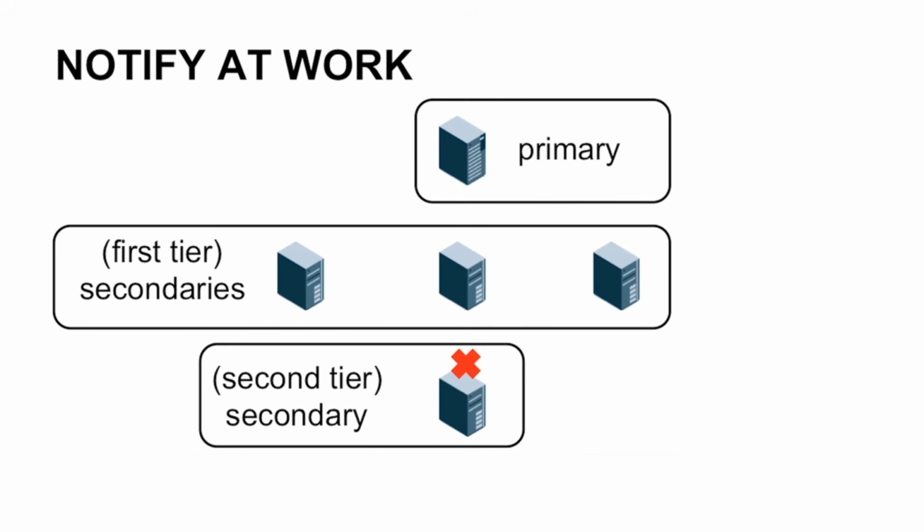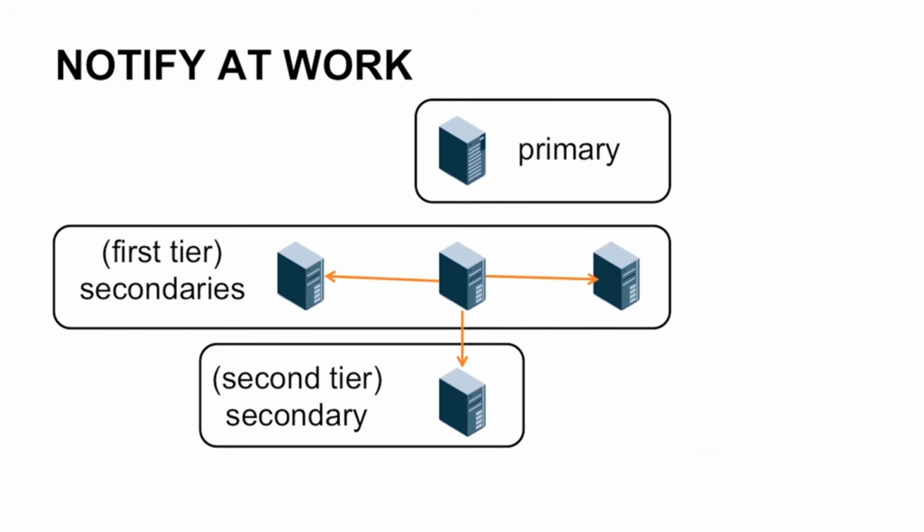Once the secondaries in the middle have done their zone transfers, they've got changed data too. So they're going to send Notify messages to everybody but the primary and themselves. Here's the one on the left sending Notify messages. But all of its Notify messages are going to be refused because none of those other three name servers use the name server on the left as their master. The one in the middle then sends Notify messages.